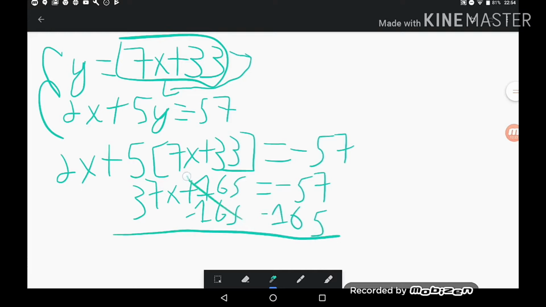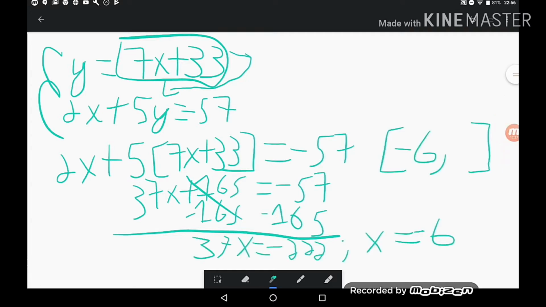Additive inverses cancel, and this is what you are left with. 37x equals negative 222, and x equals negative 6. So now that you have negative 6, plug that back into the two equations above as so. So negative 6 times 7 is negative 42. Negative 42 plus 33 equals negative 9.